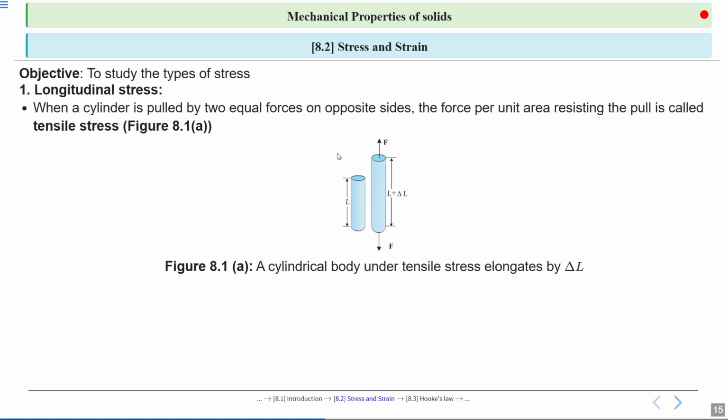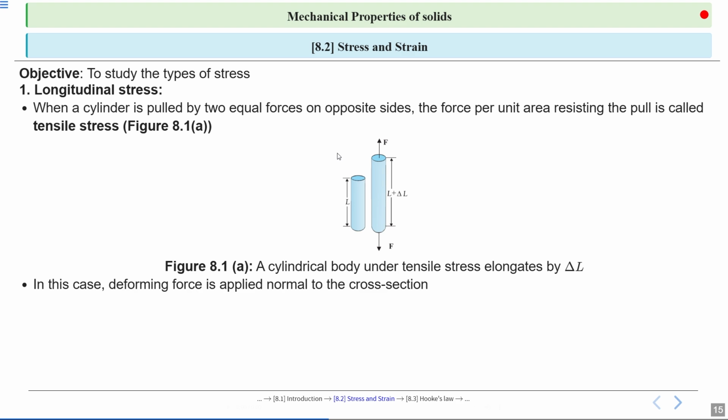The resistance you feel is similar to tensile stress. Look at the figure showing a cylindrical body under tensile stress, which elongates by a certain amount. Initial length L, and after the stress, L plus delta L.